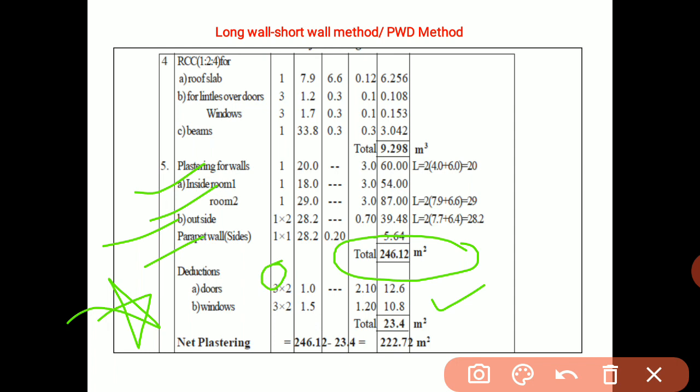So we multiply for internal plastering and external plastering also. That's why into 2 we have mentioned here. So we'll deduct doors and windows, subtracting it from this 246.12 square meter to get the value of 222.72 square meter of plastering work.